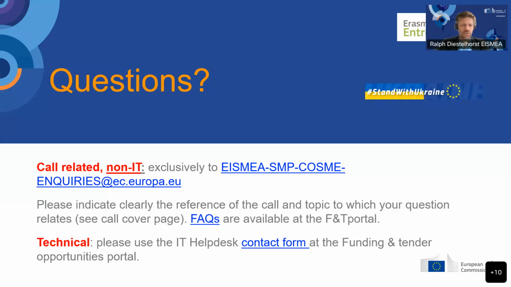We need to encourage you to apply to the IT help desk directly using the contact form, which is at the Funding and Tender Opportunities portal. It's very brief, some things to fill only, your organization, your name, where you come from, email address, etc. Describe briefly the subject, and the colleagues will get in contact with you.